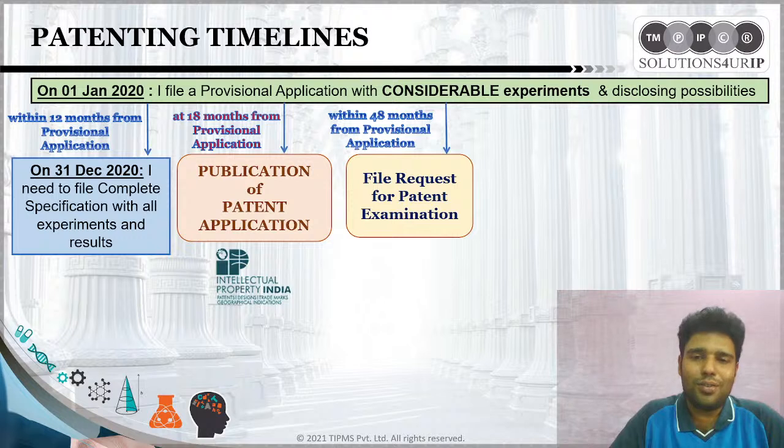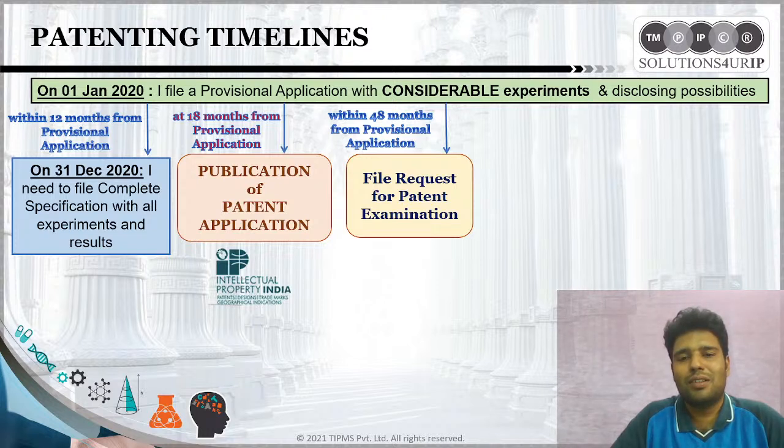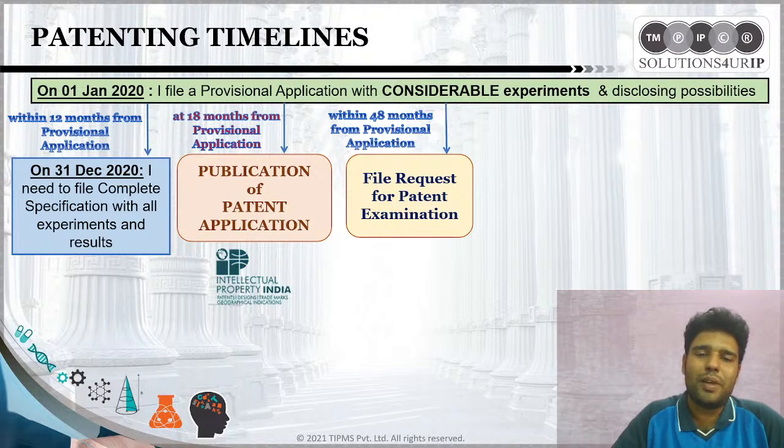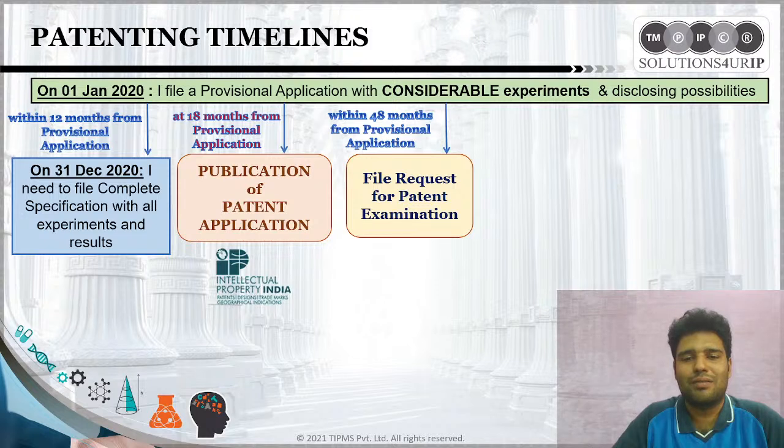Be known that if you are making a provisional specification on your priority date, that means you are filing a provisional patent specification, and on the same date you also file a request for patent examination, in order to get your patent examined as quickly as possible, you file form 18 on the day of making the provisional patent specification, then the patent office will not entertain your request for patent examination.